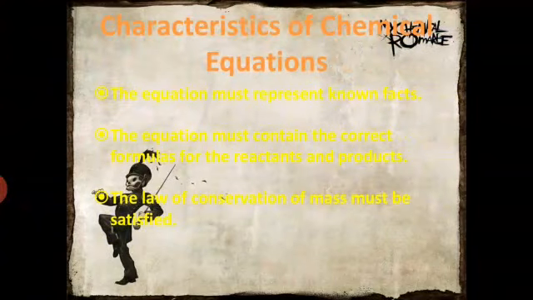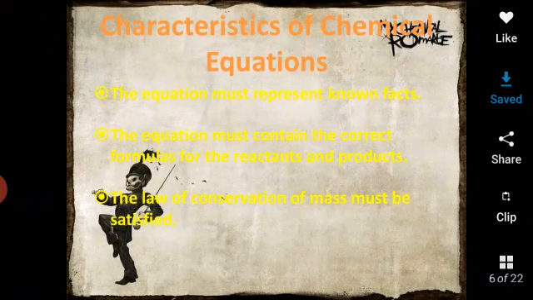Characteristics of a chemical equation. The equation must represent known facts. Whatever is known to you, the temperature, the pressure, the states of the elements reacting together and the product formed, it should be fully represented in a chemical equation. The equation must contain the correct formula for the reactants and products.